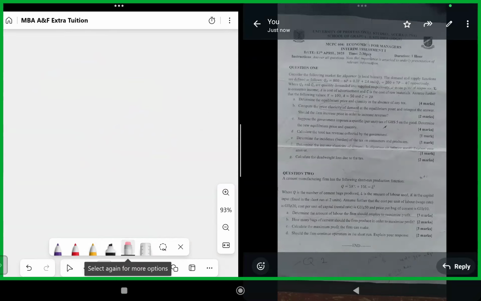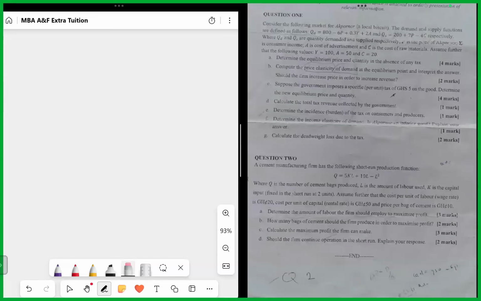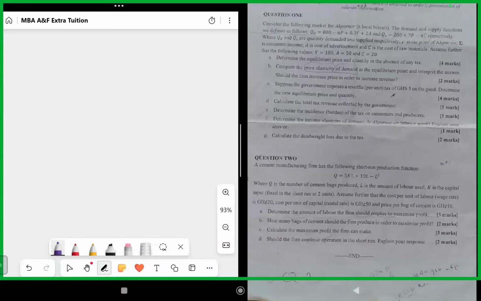All right, so we are trying to take production. That is for question 2. Question 2 is production, so let's write production here. Now, what are the factors of production?